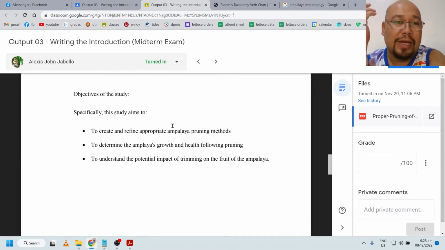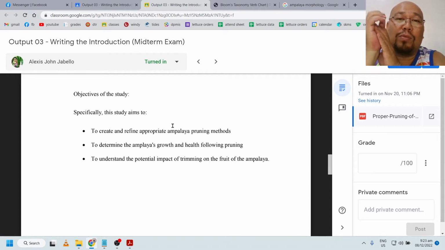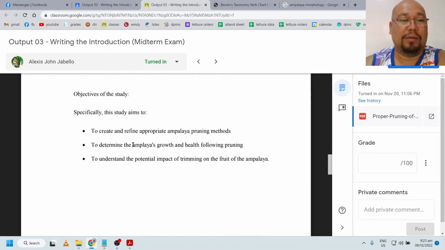Now, the idea that I was thinking when I suggested this one sa inyo is, di ba, gusto man ta nga mutan-aw sa effect sa pruning dito sa ato ang ampalaya. So maybe you can look into to determine, di ba? To determine the ampalaya, to be specific na fruits na lang, no?